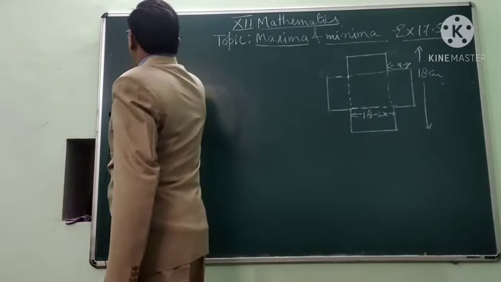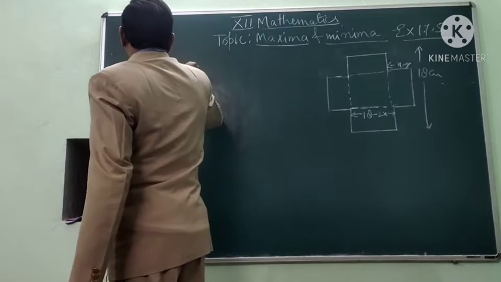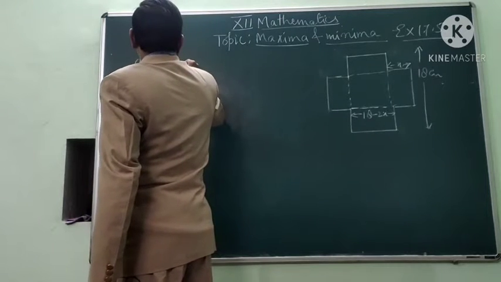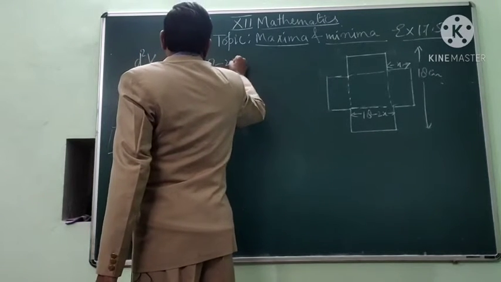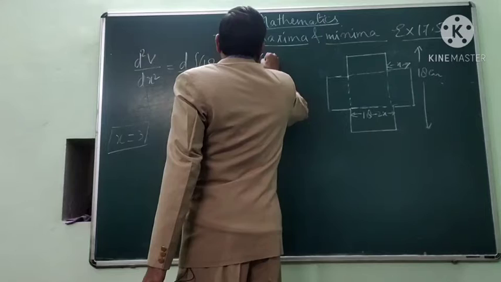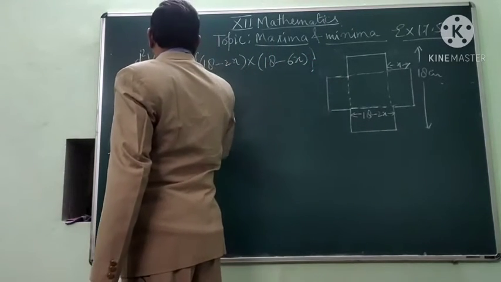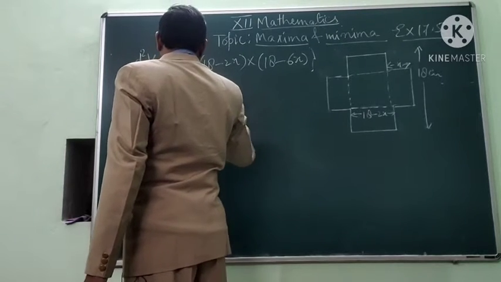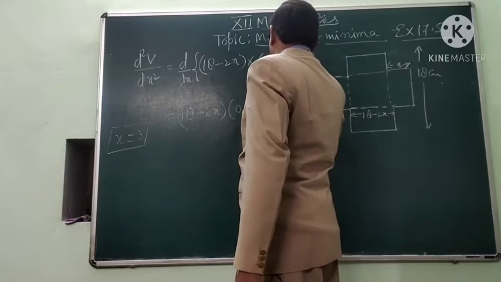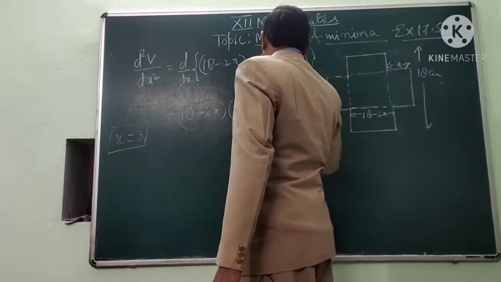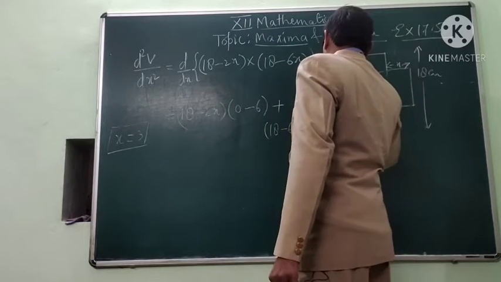Now we will find the second order derivative, d2V over dx square. It is d over dx of (18 minus 2x) into (18 minus 6x). Again we apply the product rule. So 18 minus 2x as it is, derivative of this part is 0 minus 6, plus (18 minus 6x) into 0 minus 2.